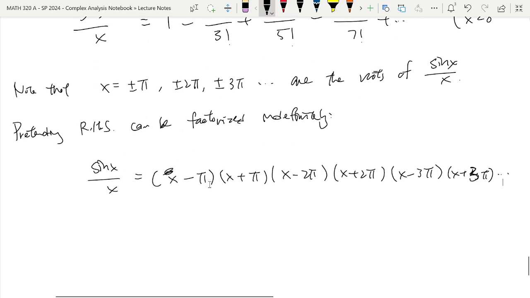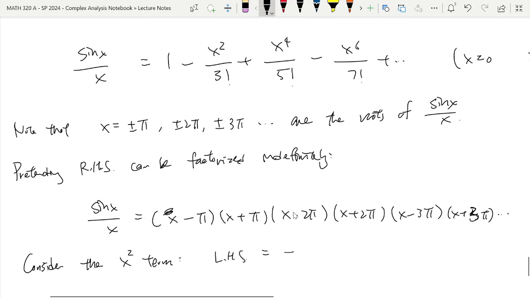And now the last step is to consider the x squared term. On the left hand side, it is the negative of 1 over 6.